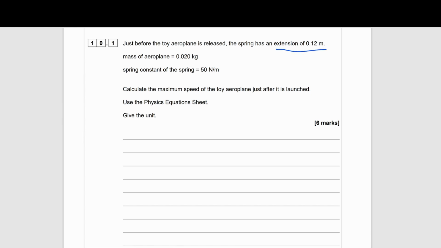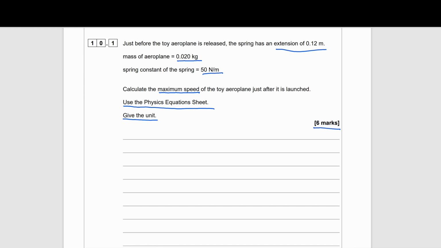The mass of the aeroplane is 0.02 kilograms. The spring constant of the spring is 50 newtons per meter. Calculate the maximum speed of the toy aeroplane just after it is launched. Use the physics equation sheet. Give the unit. 6 marks.